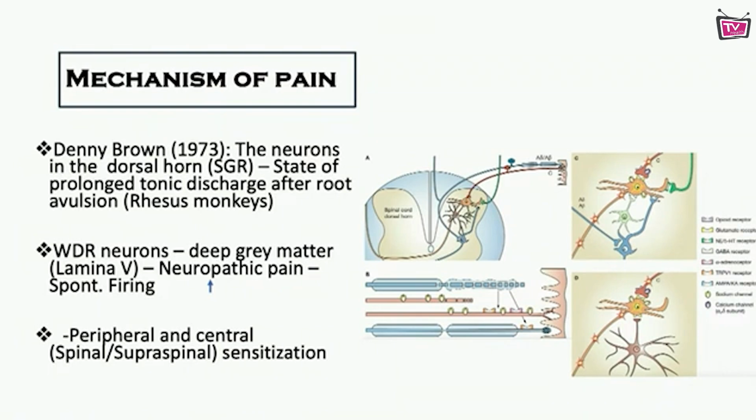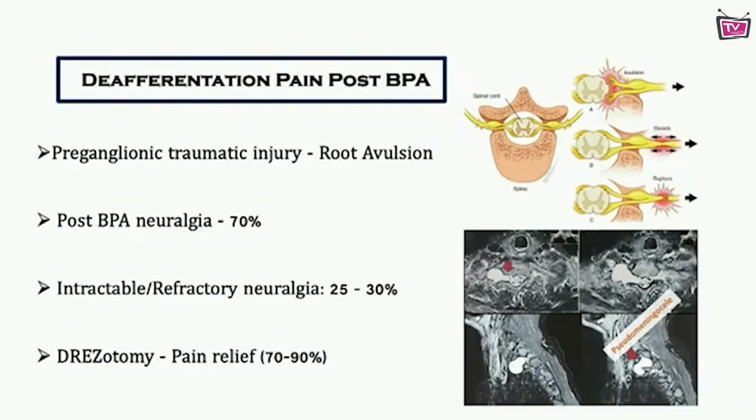The latest concepts, as Dr. Renu Bhatia described in the morning, involve wide dynamic range neurons present in this region, which are responsible for neuropathic pain. There are various peripheral as well as central mechanisms, spinal and supraspinal, due to post deafferentation changes, and then the pain starts coming up.